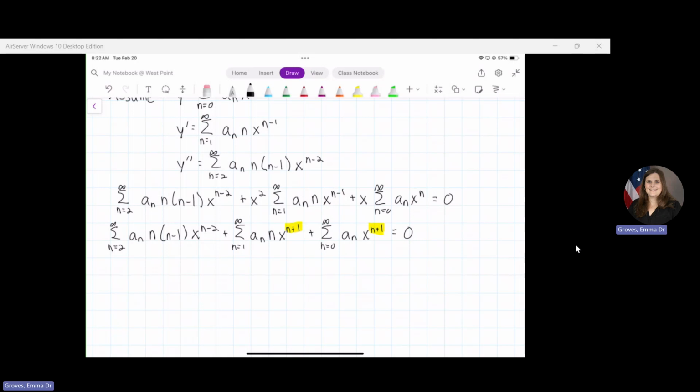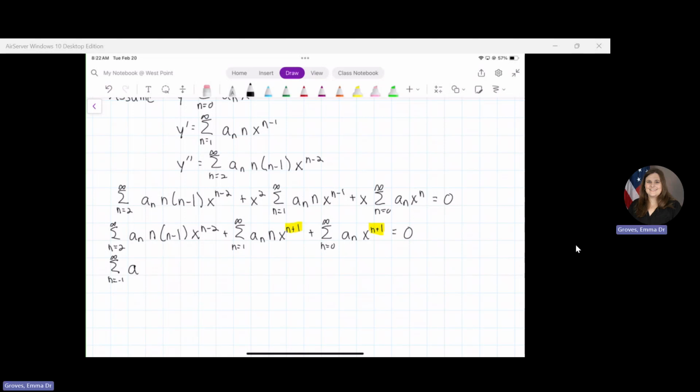So if I need to increase my power by 3, I need to shift my index down by how many? 3. So I'm going to shift my index down by 3. So n equals -1 to infinity. And then all the n's can increase by 3 inside my summation.